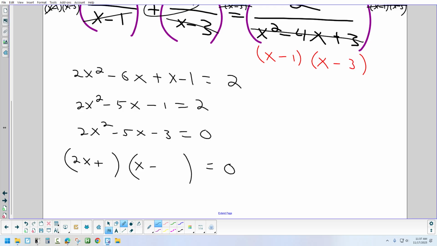Let's try it in that order. So we get 2x squared minus 6x plus 1x. What's negative 6 plus 1? Negative 5. So we got the middle, and 1 times negative 3 is negative 3. Perfect. So it did factor.